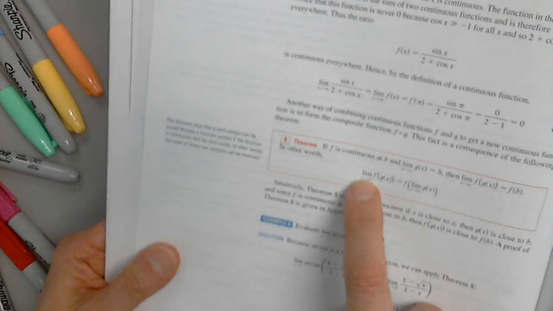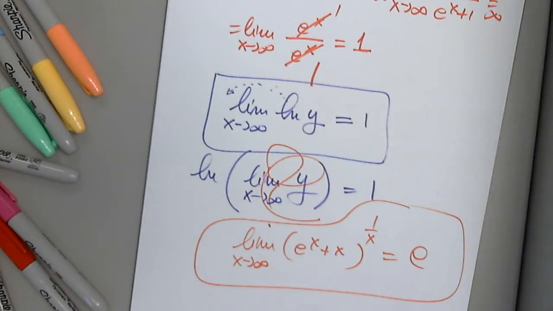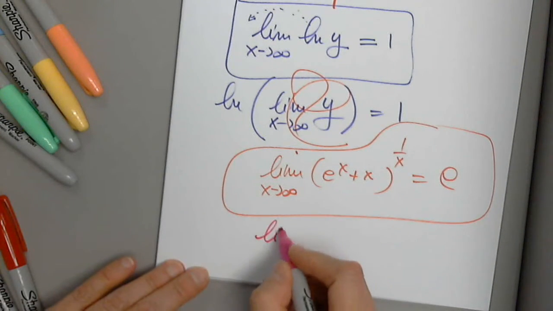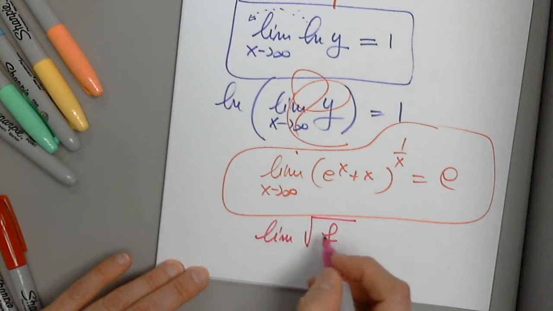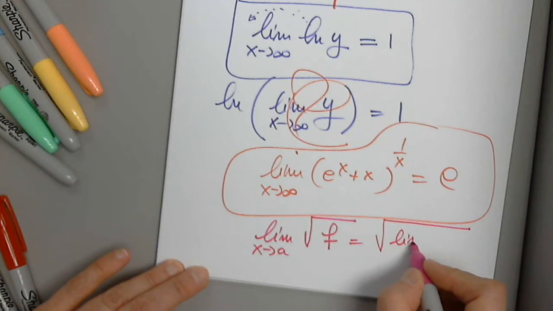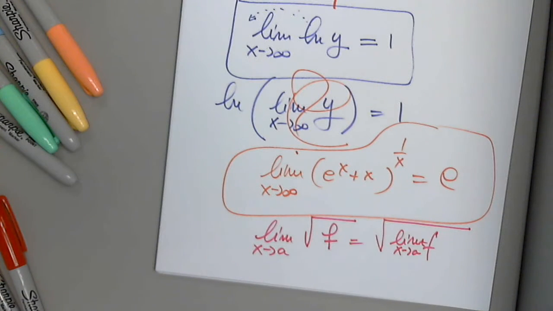Let me also give you another example before you ask your question. The limit of the square root of a function as x approaches a is the same as the square root of the limit of the function as x approaches a. It's the same concept. This is the operator, which in our case was natural log, and this is the limit.